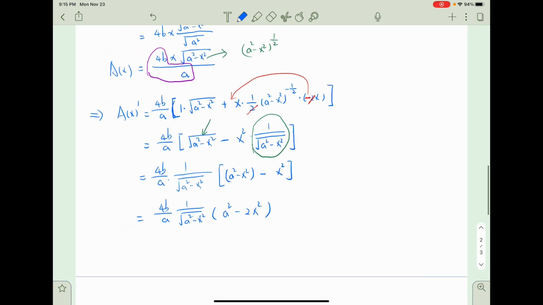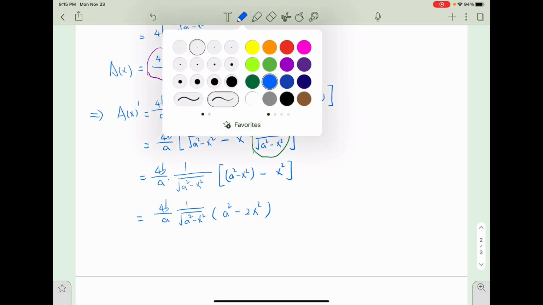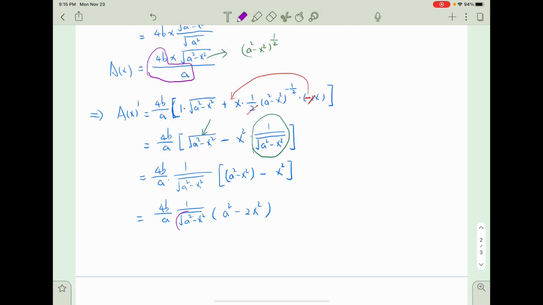Since we have this thing in the denominator, we know that this can be 0, right?